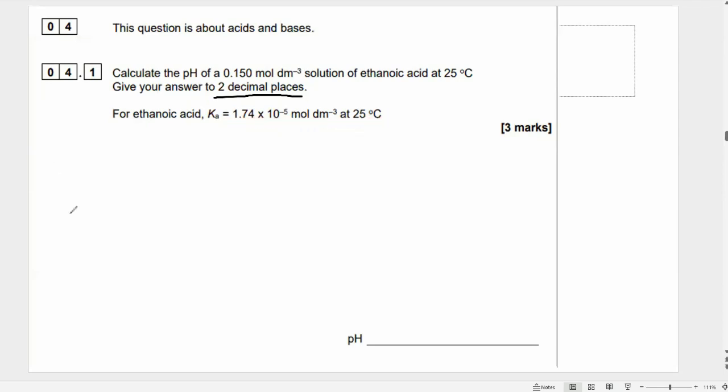You need to be able to write the expression for Ka, and just like Kc or Kp, it is products over reactants. So what are our products? What are our reactants?